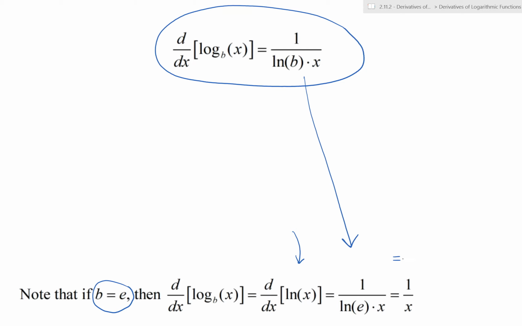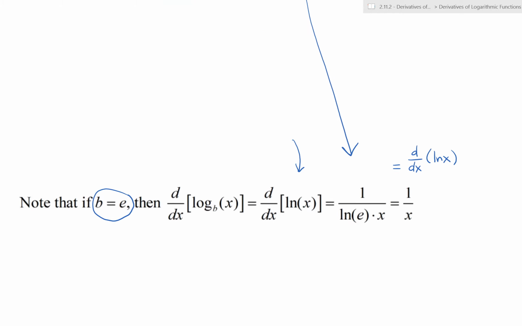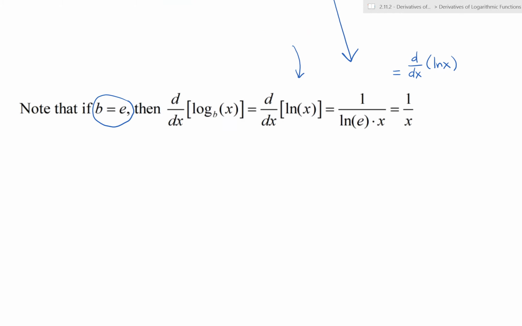So in that special case, when you consider the derivative of the natural logarithmic function, you get 1 over x, kind of similar to the derivative of e to the x, that special case. So this is widely seen in our discussions moving forward.